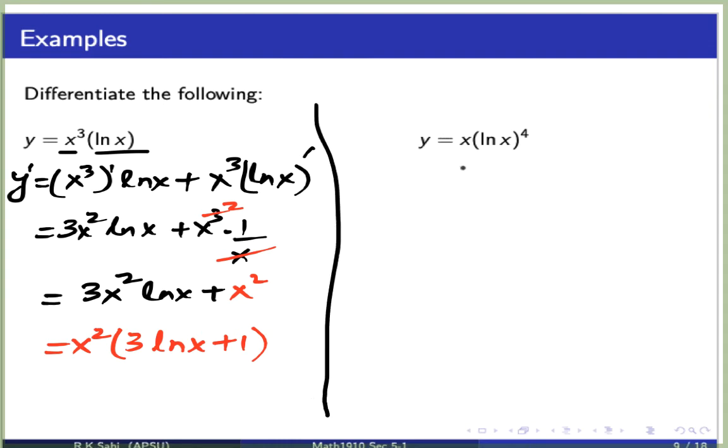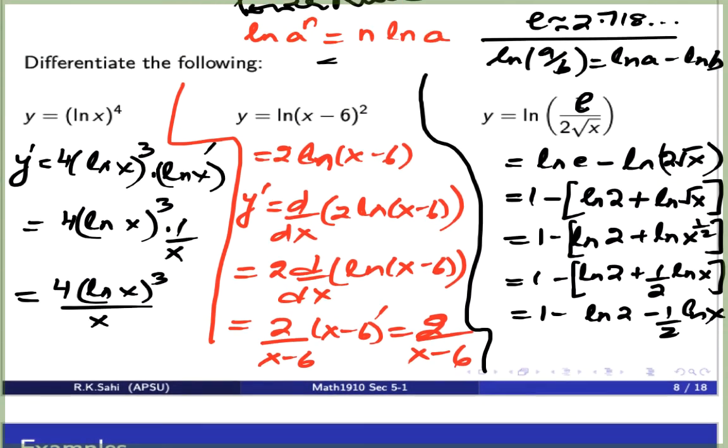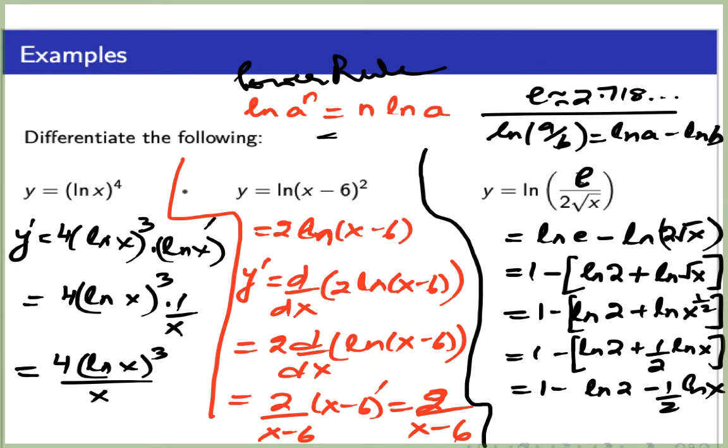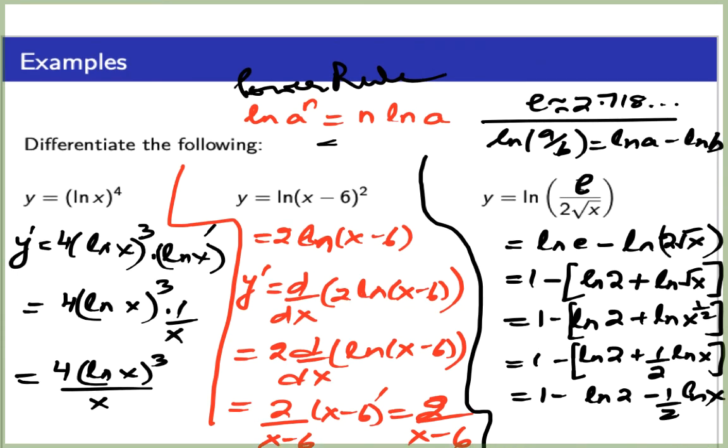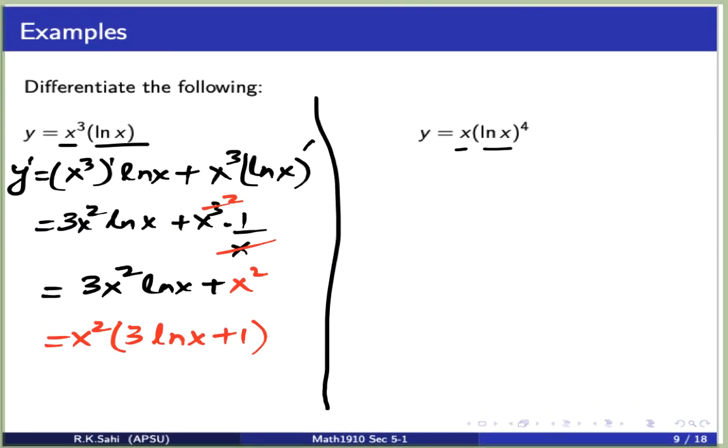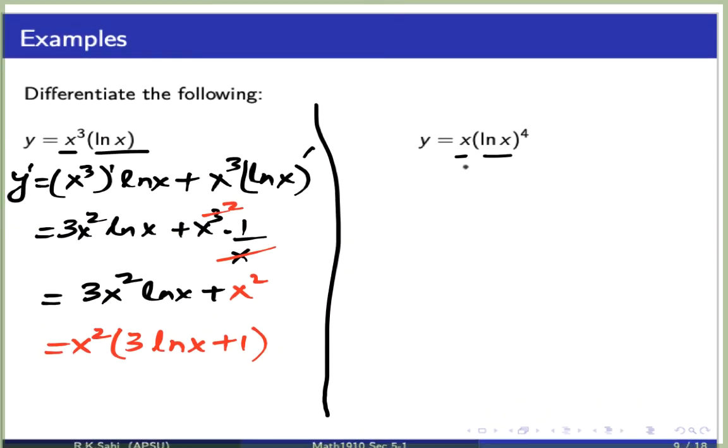Okay, the next one. Again, it's a product of two functions, an x with a natural log of x to the power 4. Now remember, we have done this problem in a previous slide. So you already have done it, but we will now do it as a part of the product rule. So when I do my differentials, the very first step is going to be applying the product rule.